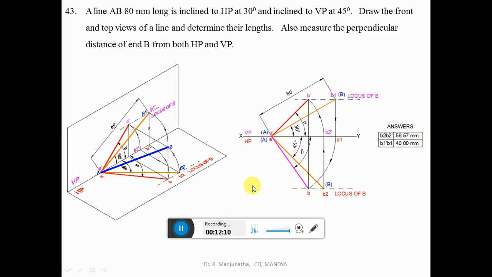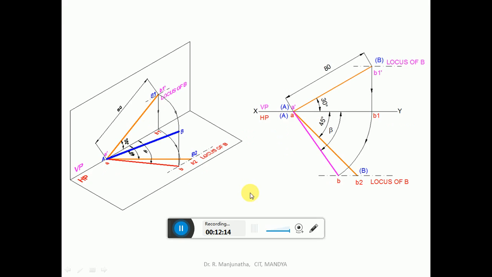Now the same thing we have explained step by step. First we have considered the true length in VP. The true length in VP, obviously that line is parallel to VP, so we got this. But B1 is not in VP, it is in front of VP by this distance. So we are rotating this AB1 such that B1 touches the locus of B in the top view, so that the point will be in space.